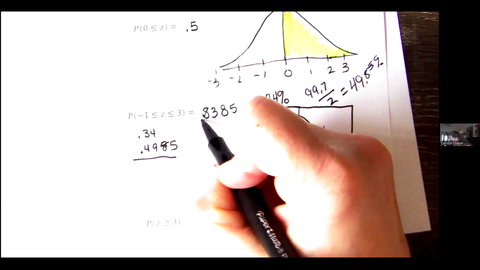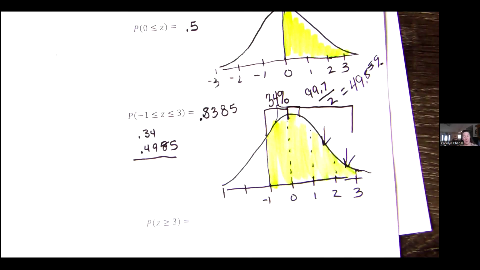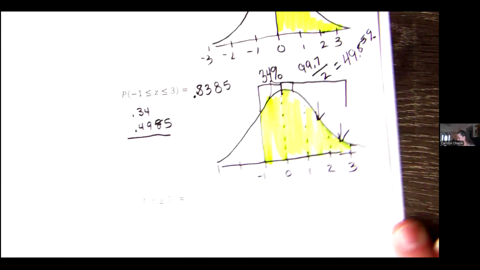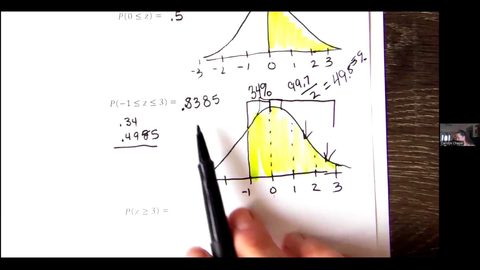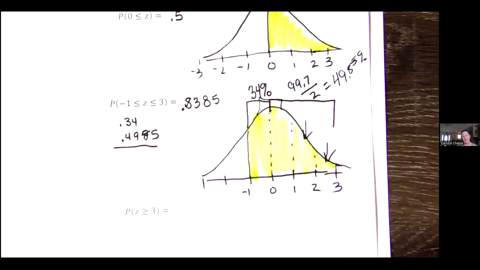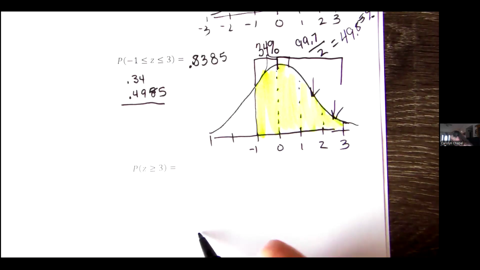So if I was talking about what percent of my people, or whatever I'm looking at, are in there, I'd have 83.85% of my data in that shaded region. Okay, just a few more.